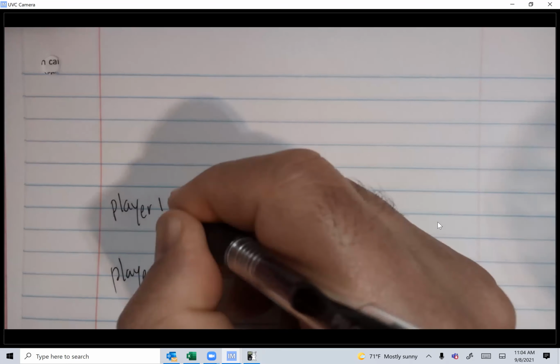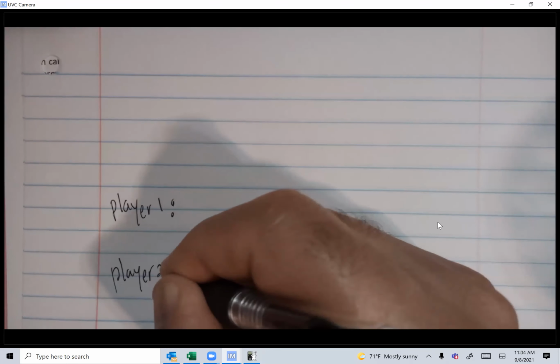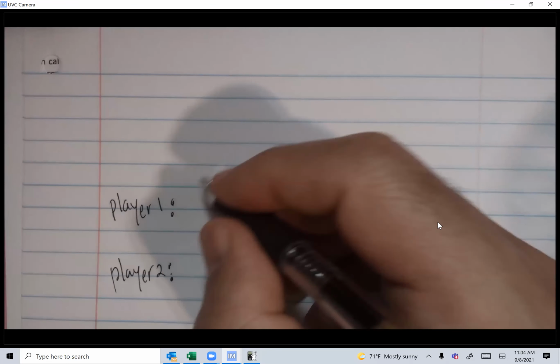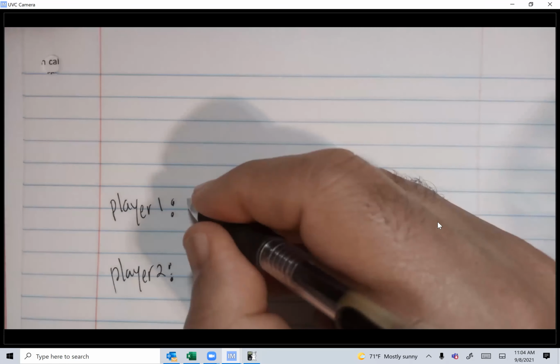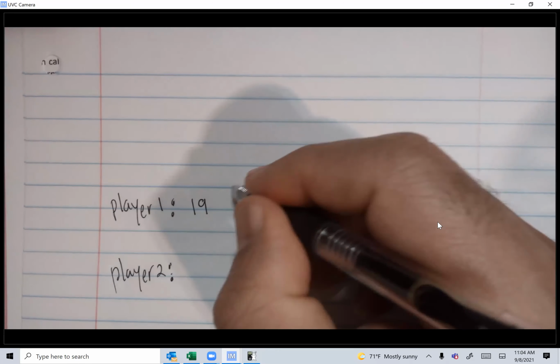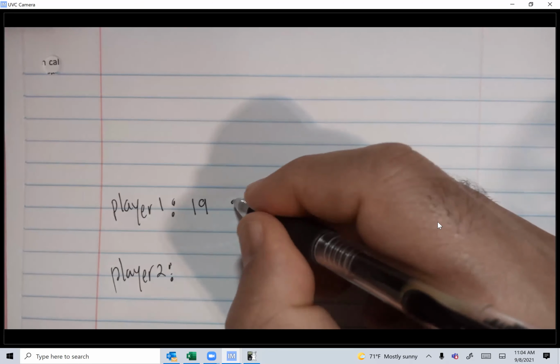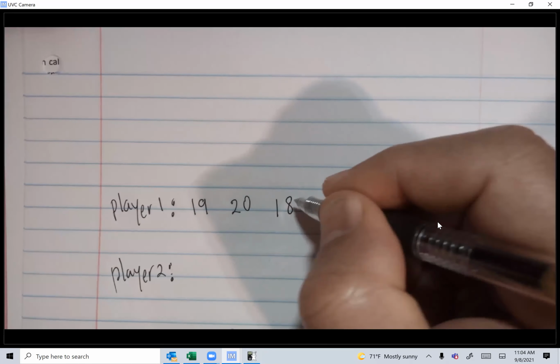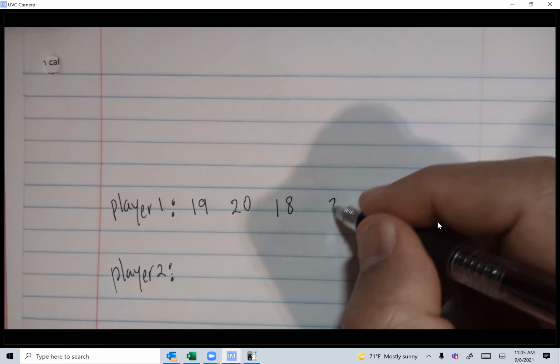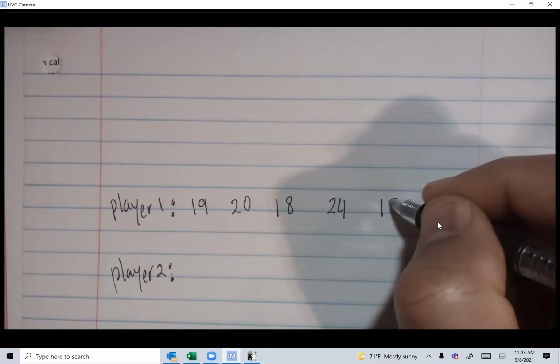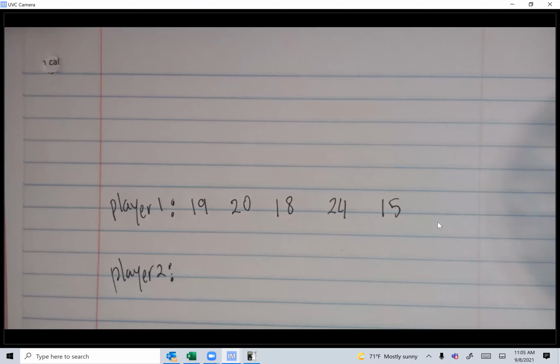You look at their past scoring records, and you have the following data from player one. In one game, he was able to score 19 points. In another, it was 20, and then 18, and then 24, and then 15. So you got the following data.